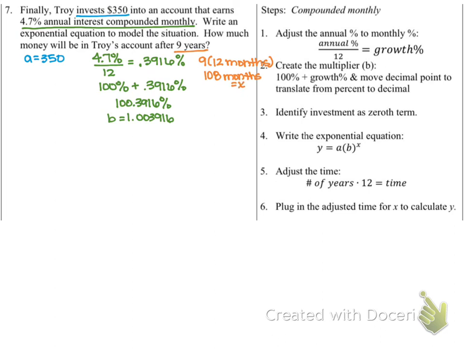So getting to our equation here, we have y equals our 0th term, 350, times our multiplier to the x power. Now plug in the 108 for x.